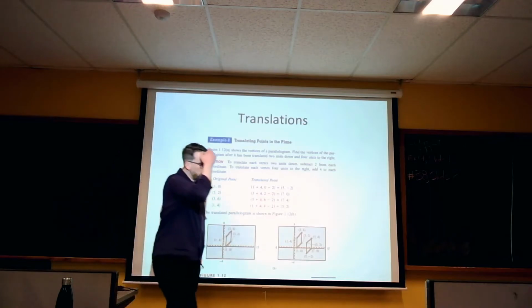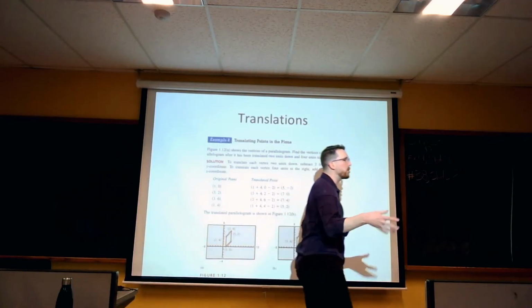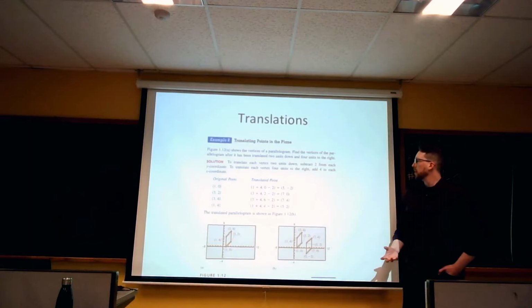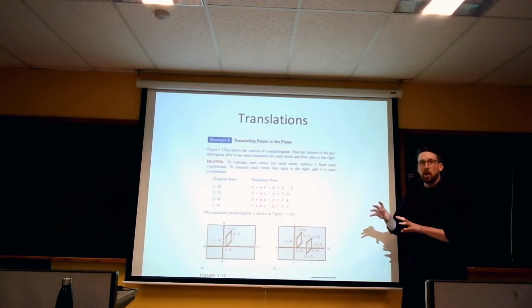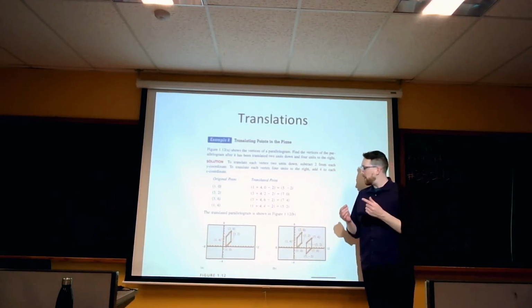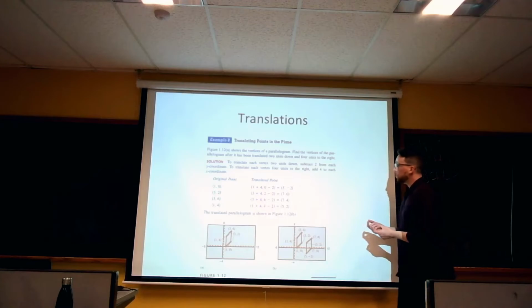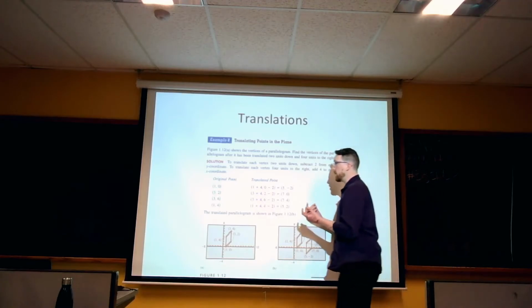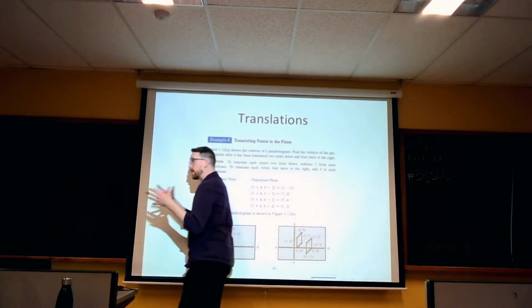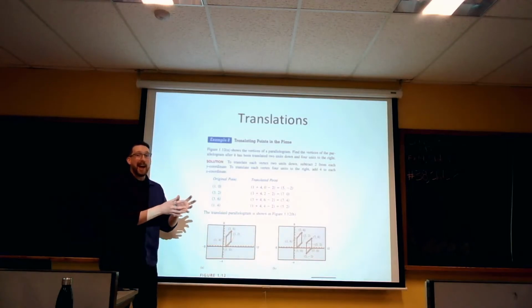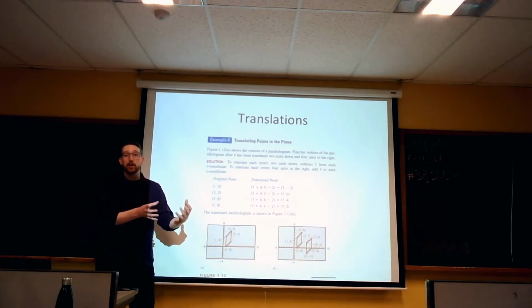Okay, so now let's imagine we're given a bunch of points. We want to move them, but in a way that doesn't change the distance between any 2 points. One way we can do that is with a translation. We can translate a point by just adding or subtracting a value to it, right?